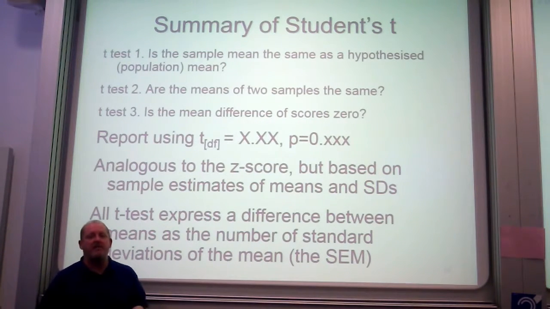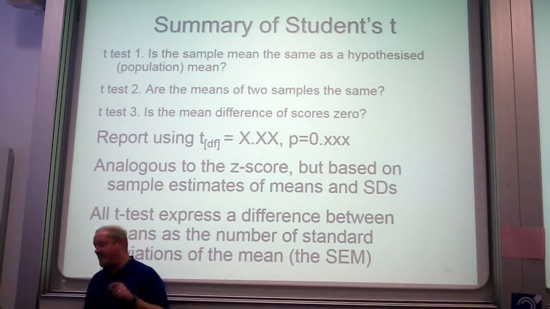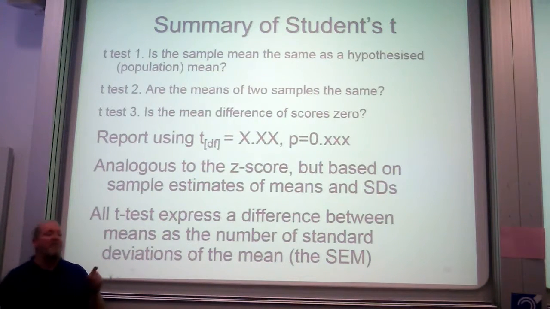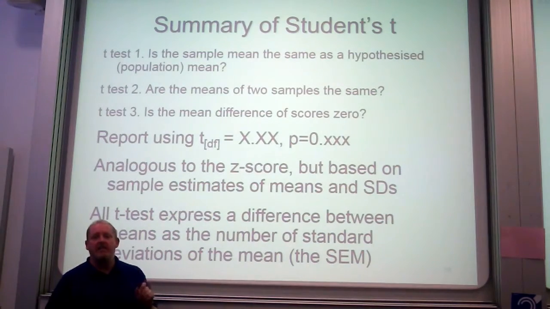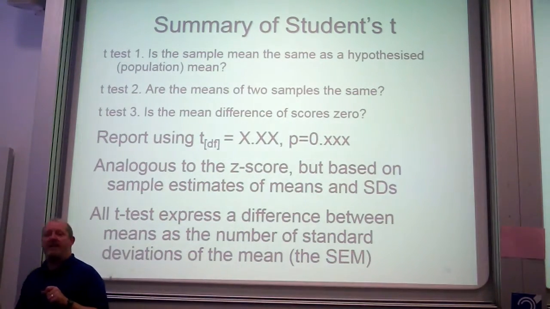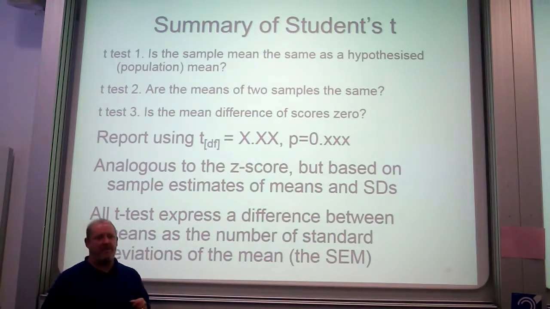We should report it using t, then give the degrees of freedom, equals the t-value. Don't go mad with decimal places. 2 is more than enough. And if your t-value is 173, don't bother with 173.12.